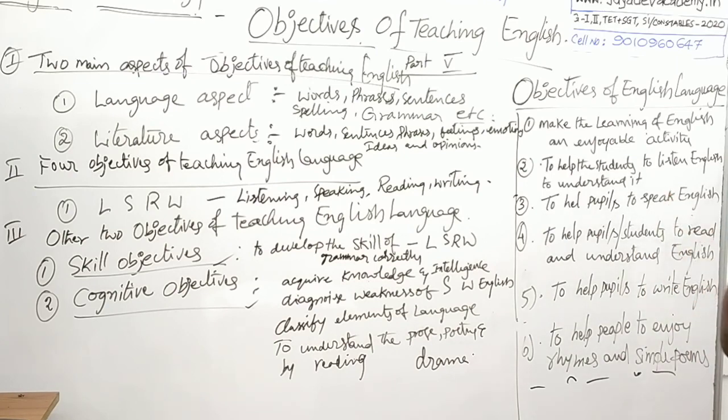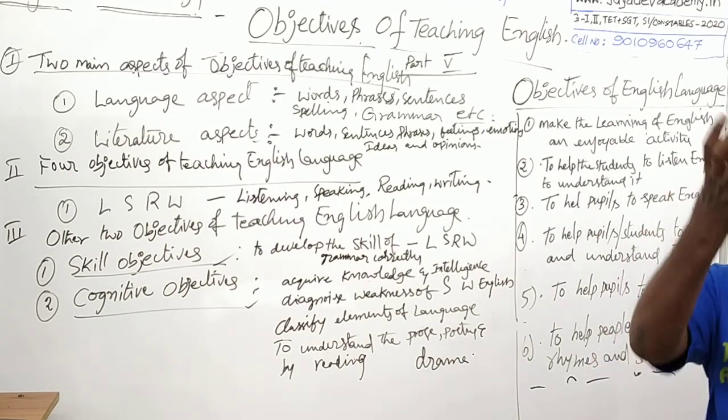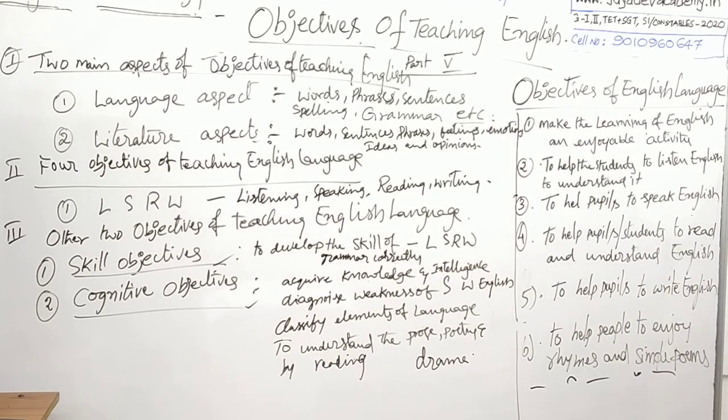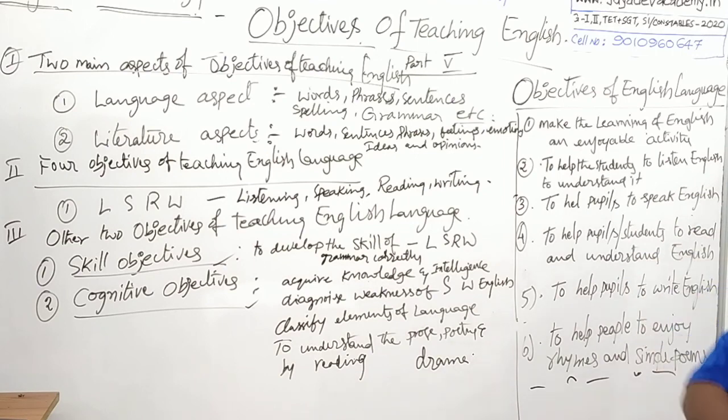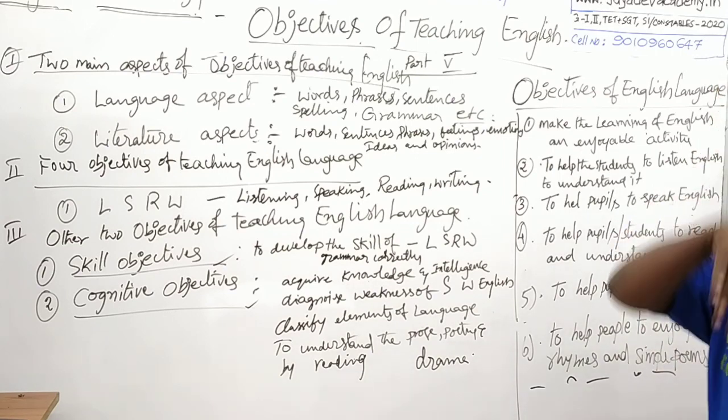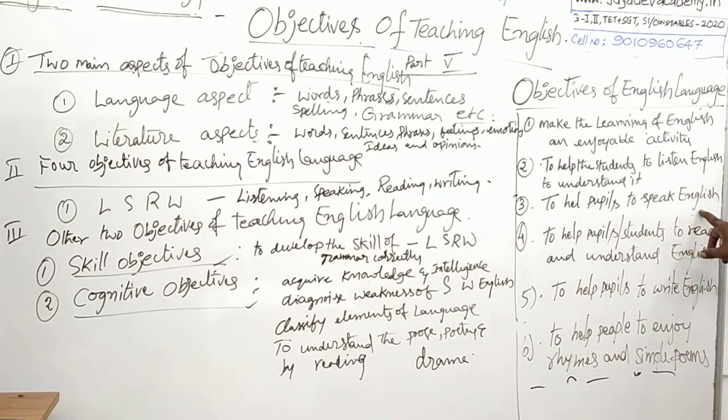He should understand the meaning of the word, the meaning of the particular parts of speech, and the syntax of the sentence, and rhyme and rhythm, and word stress also, and intonation, where the teacher is using the high pitch and low pitch also. To help the students to listen to English, to understand.